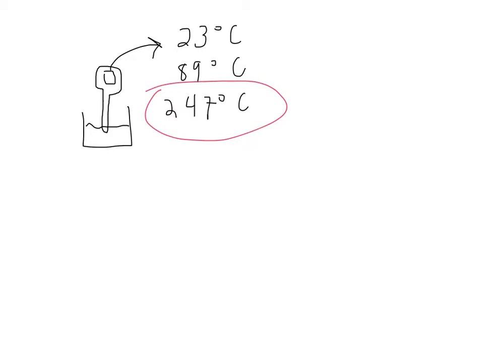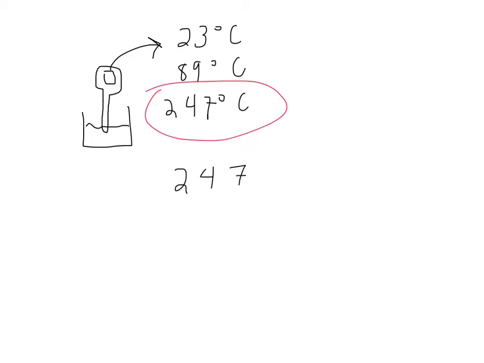So we need a way to reflect this fact. We need a way to show the world and show people who look at our data that this value of 247 degrees has a particular range within which the true temperature lies. And we show this using uncertainty.